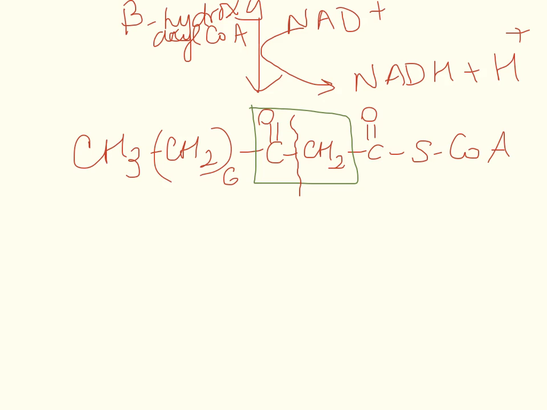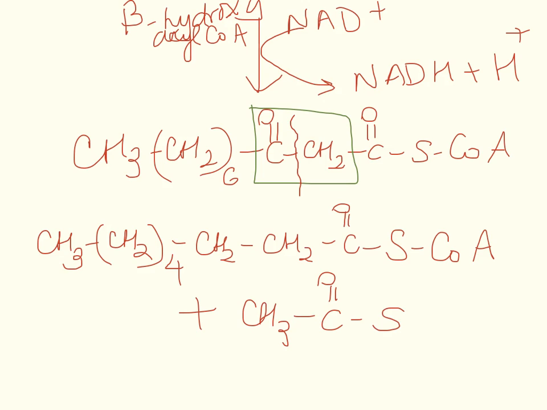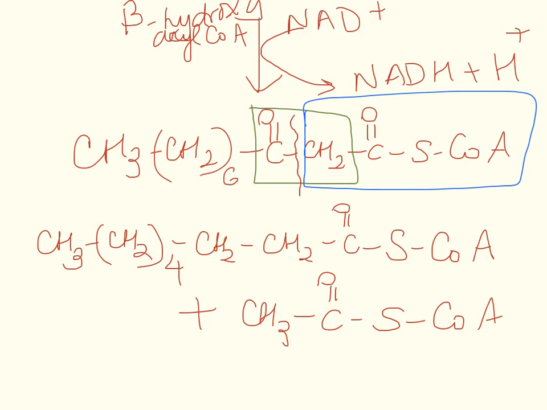So you get CH3, CH2 4, CH2, CH2, C double bond O, S, CoA, and you get a CH3, C double bond O, S, CoA, which is the rest of the molecule, which is this part of the molecule. Okay, so this is the cleavage.